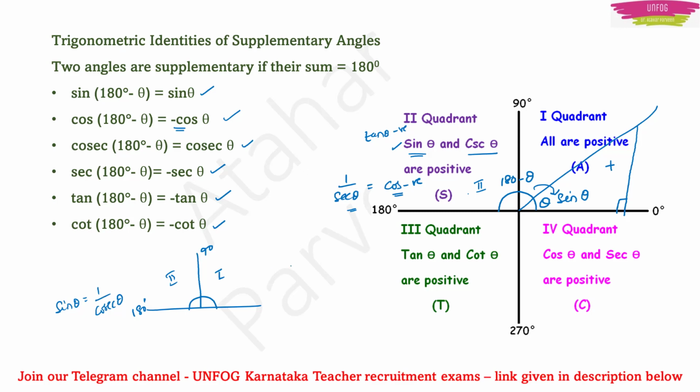Like that only, if you move towards 270 degrees, if you write sine of 270 minus theta, then obviously this will be equal to minus sine theta, because sine is negative in the third quadrant. I hope I am clear. You can do it for all other angles also. But you have to remember this list. I told you the derivation, the logic behind the formula, so using that logic you should remember the entire list.